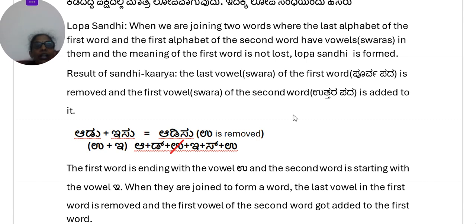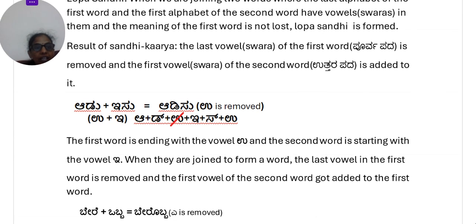The result of Sandhi Karya when you do a Lopa Sandhi is that the last vowel of the first word, the Purva Pada, is removed and the first vowel of the second word gets added. We'll see the example, then it makes very easy sense.